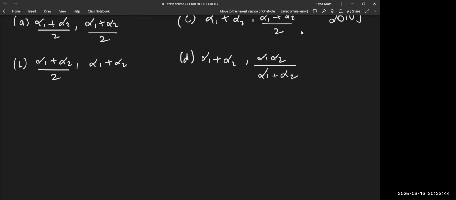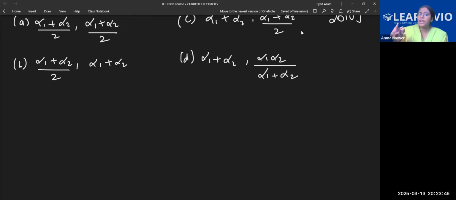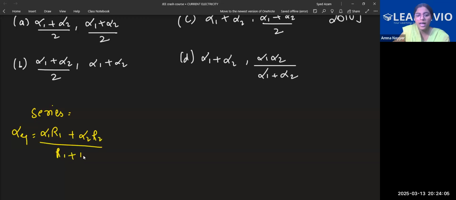Yes, ma'am. So straight away use that. Now in series, I told you that alpha equivalent is alpha 1 R1 plus alpha 2 R2 divided by R1 plus R2.